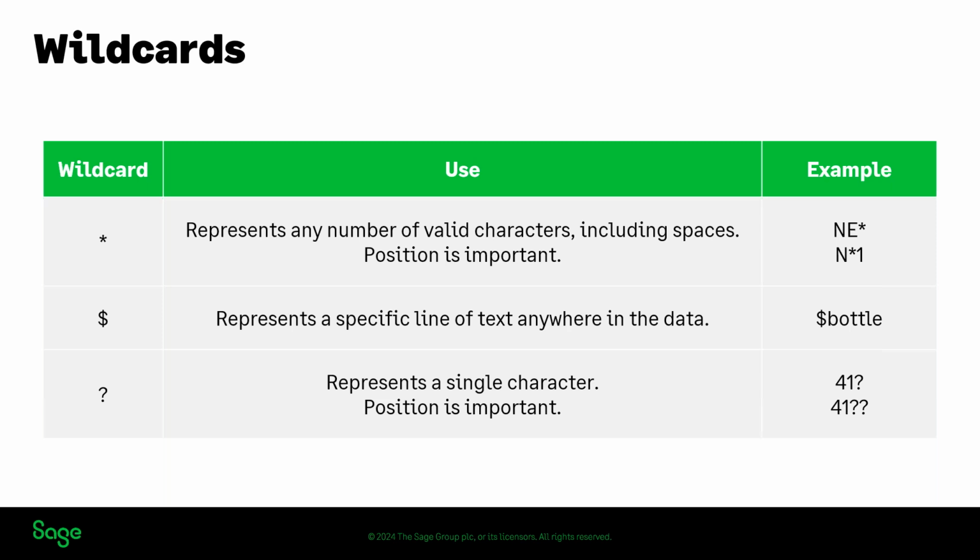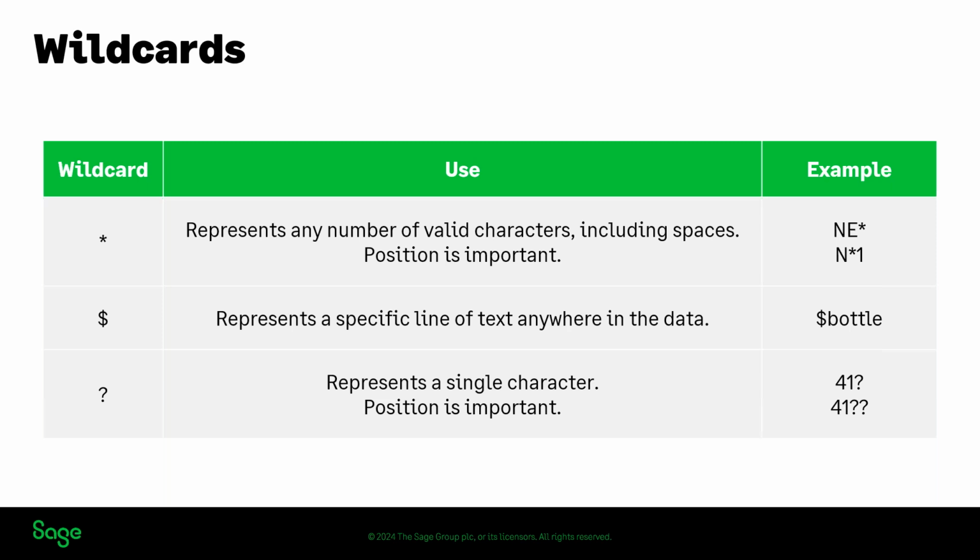If you do, let's say, A4 or 11-inch type thing, and A4 wasn't always at the start of the description of a product, but it's contained somewhere within that, you could do $A4, and that would search all those product descriptions and identify the ones that say A4. So the example there is it would look for the word bottle anywhere within the field that you're searching on.